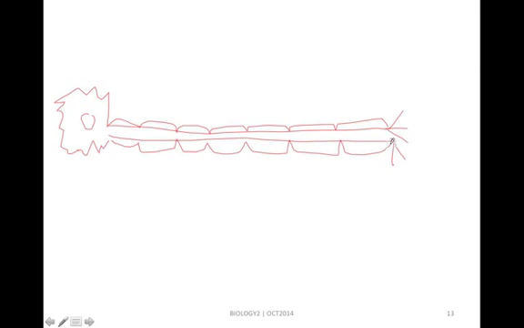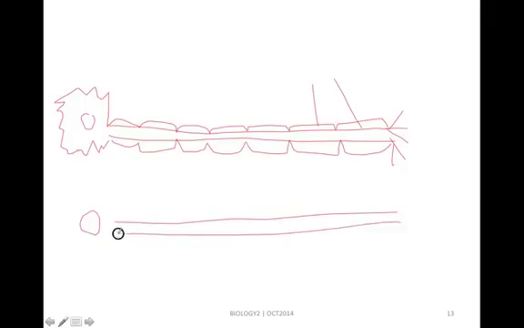And this myelin sheath is produced by the oligodendrocyte in the CNS or the Schwann cell in the PNS. If I draw another one without the myelin sheath, it will look like this.